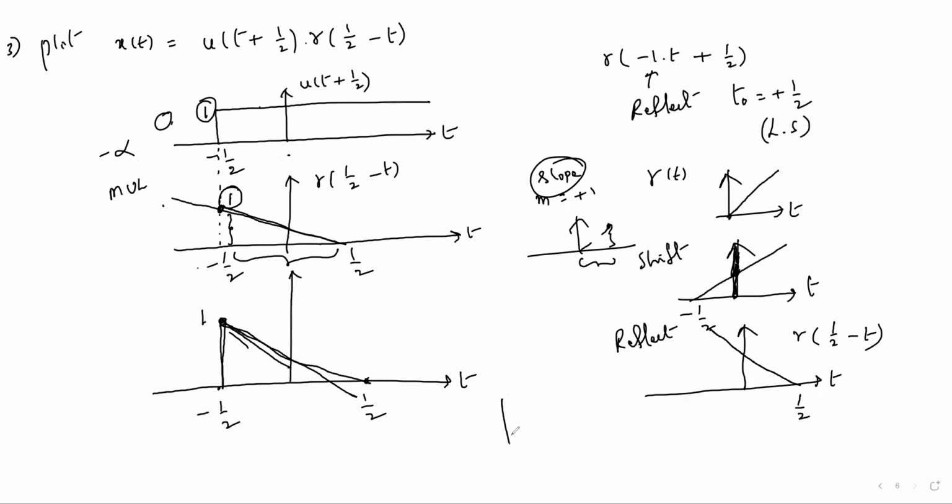So we'll get the result from minus 1/2 to plus 1/2 like this. So this is the plot of given signal x of t. Try to verify your answer and then take one more problem.